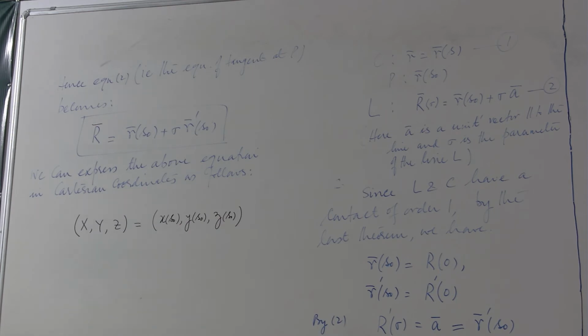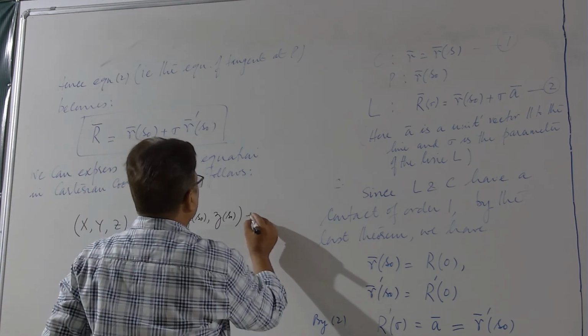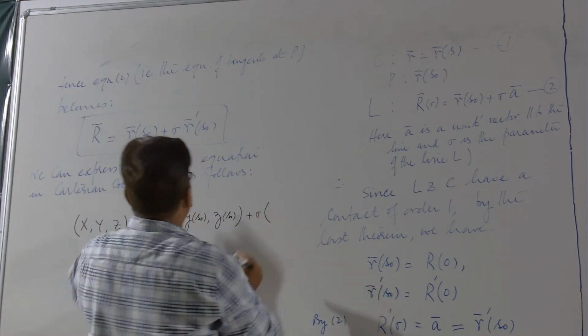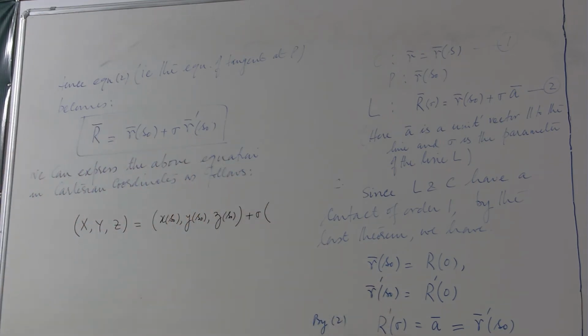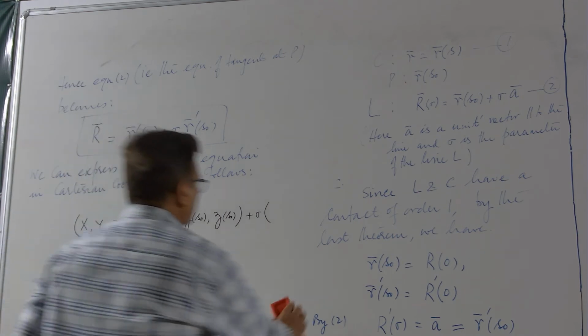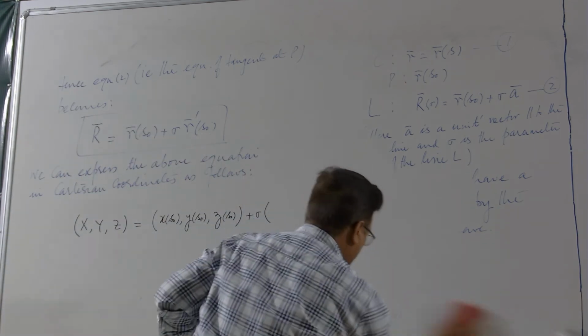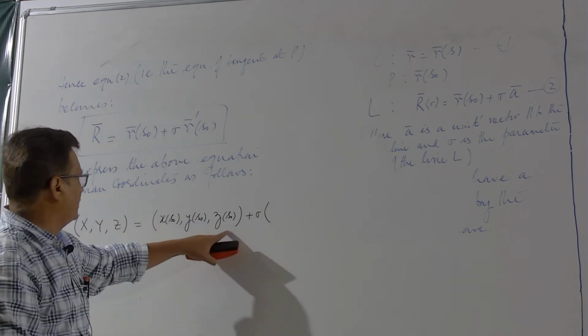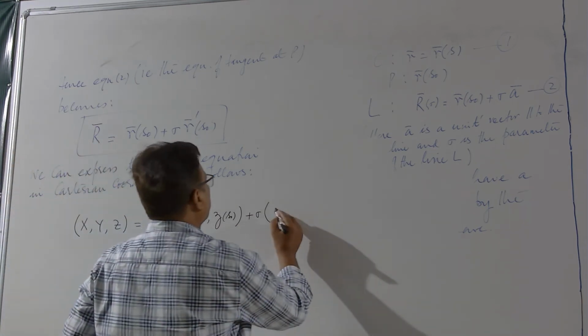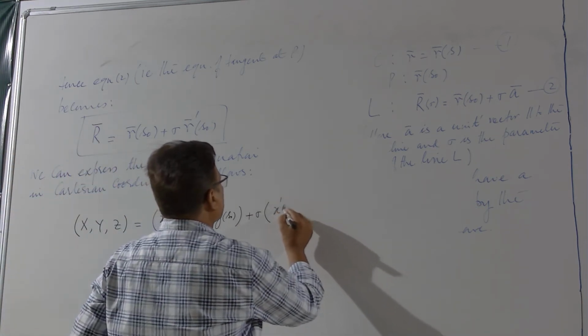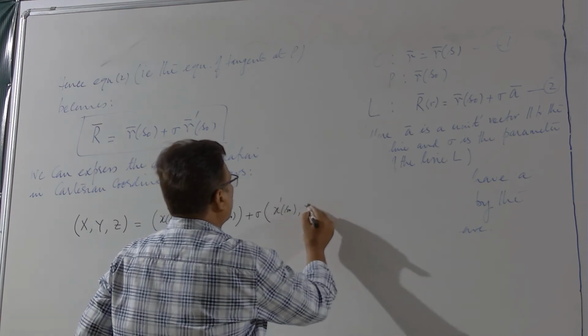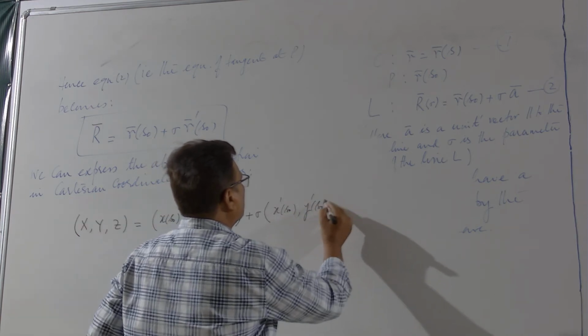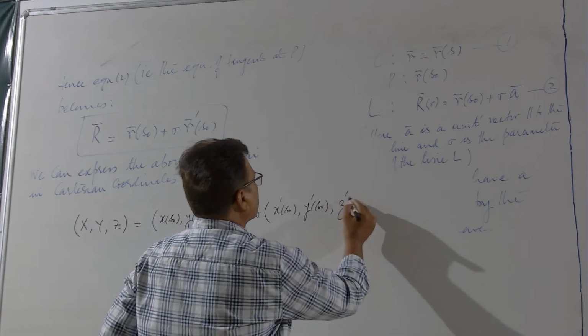This is the vector r(s0) plus some sigma times this vector r'(s0). Once r(s0) is this, r'(s0) must be x'(s0), y'(s0), z'(s0).